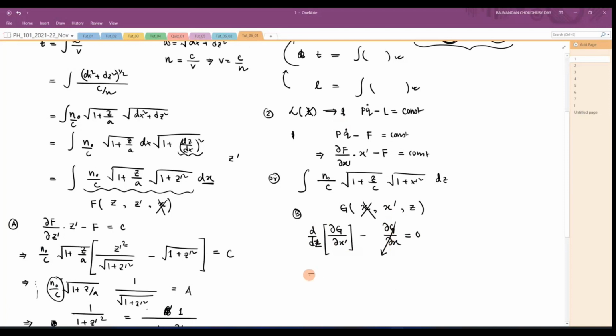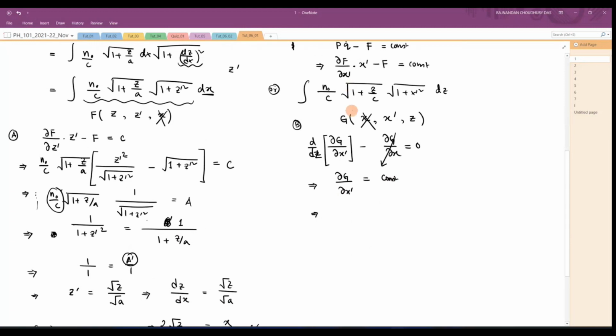That means your dg by dx prime will become some constant. And once you find dg by dx prime, you are done. What is dg by dx prime? This is nothing but n0 by c times root of 1 plus z by c. Only x prime dependency is here, so this will become x prime by root over 1 plus x prime square is equal to some constant.